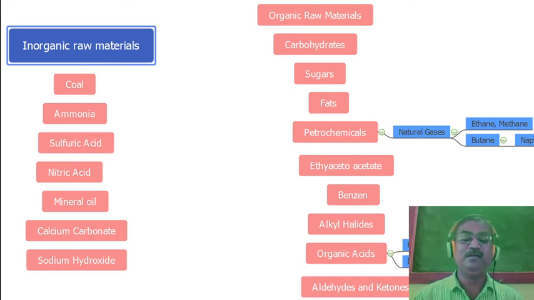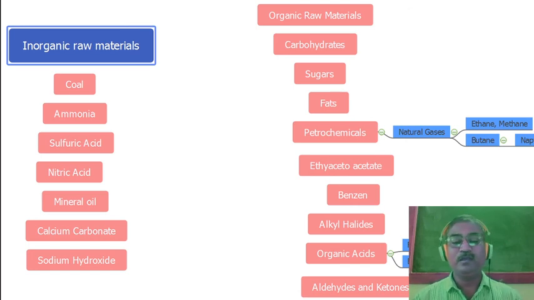For example, the alkanoic acid series, starting from formic acid, methanoic acid, propanoic acid, butanoic acid, benzoic acid. All these acids are used as synthetic organic raw materials, and this comes under the class of organic raw materials.